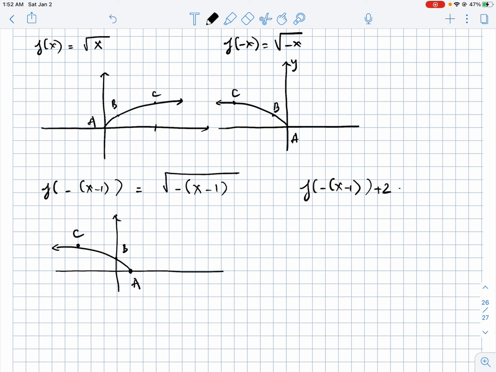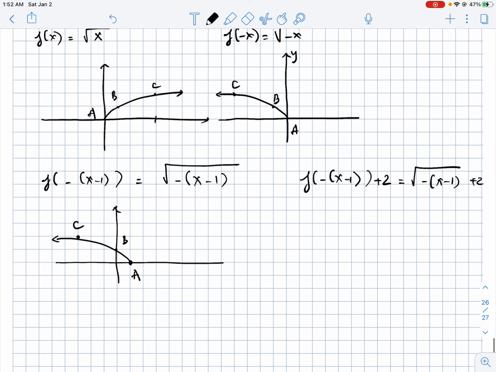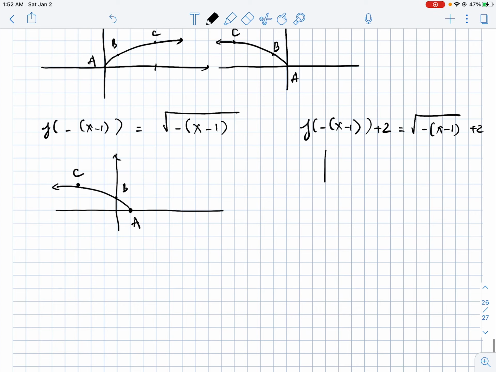And then we add 2. So f of negative of x minus 1 plus 2, we get the square root of negative of x minus 1, plus 2. The 2 tells us that we need to move the graph 2 up.